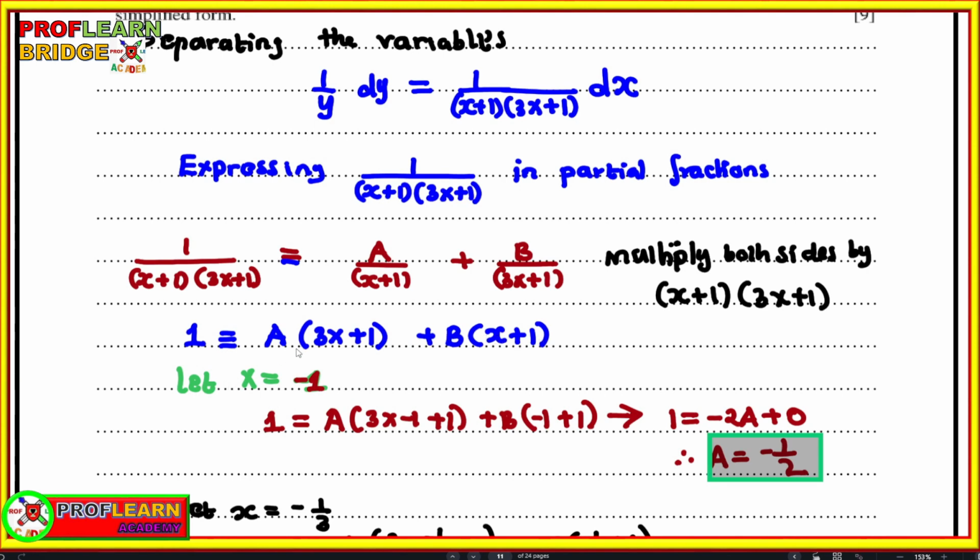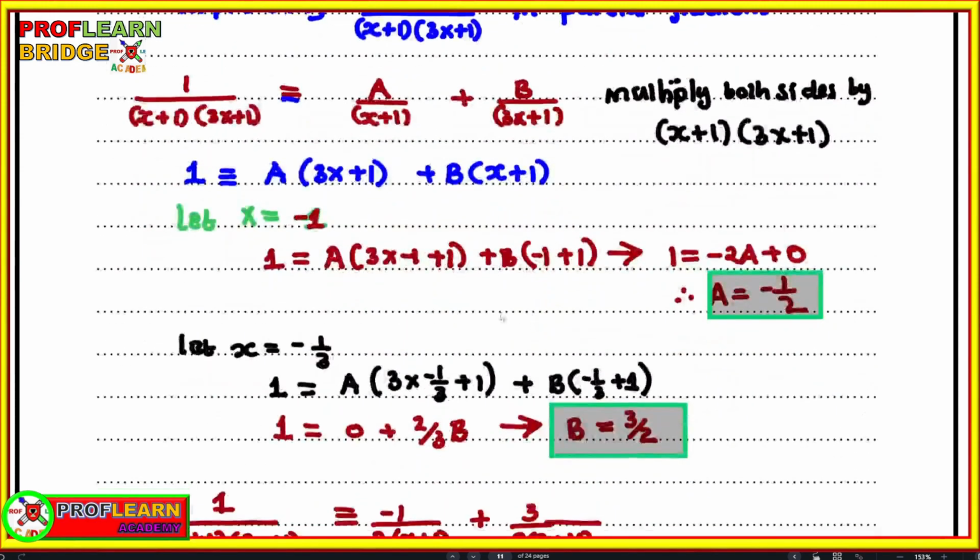So meaning that we can now let x be equal to -1 so that we can find the constant A. If we let x equal -1, the whole of this part will run to 0, and we are going to have our A equals -1/2.